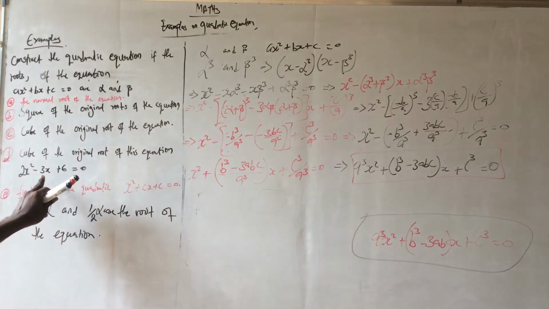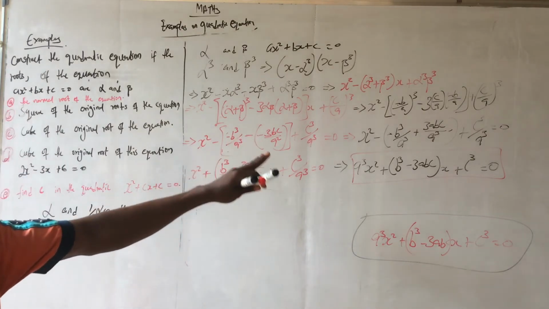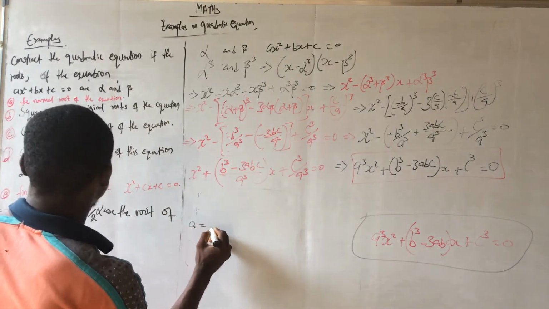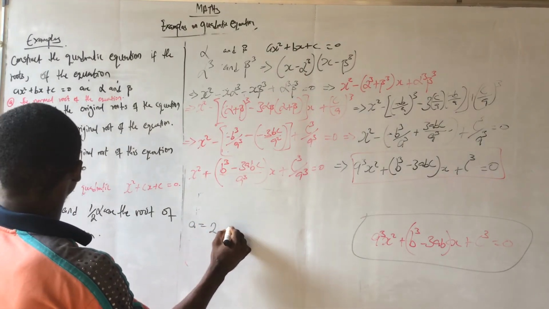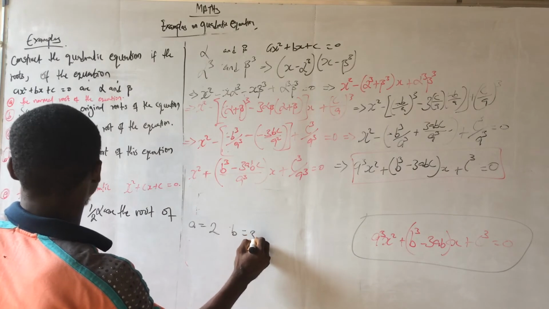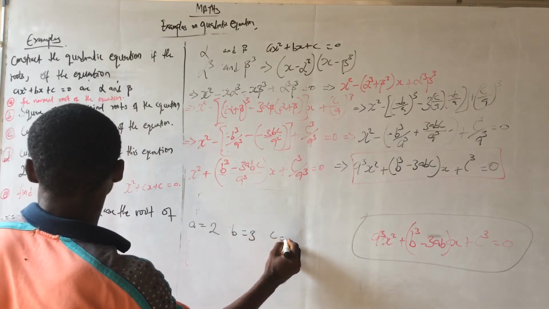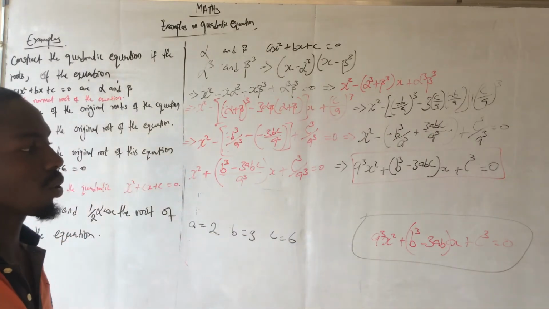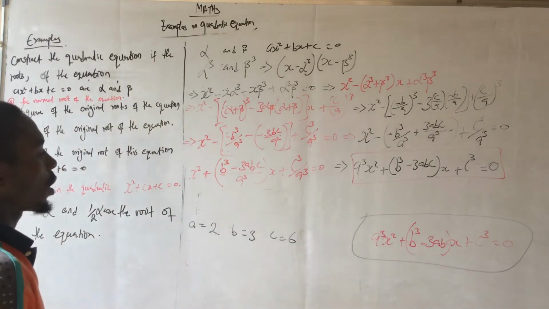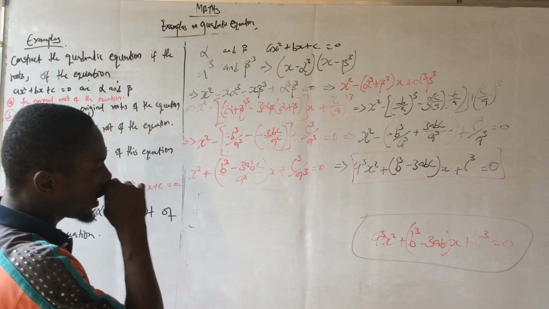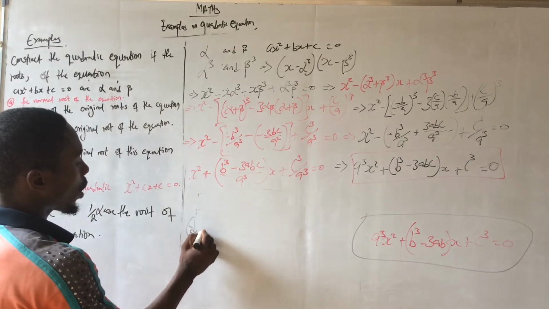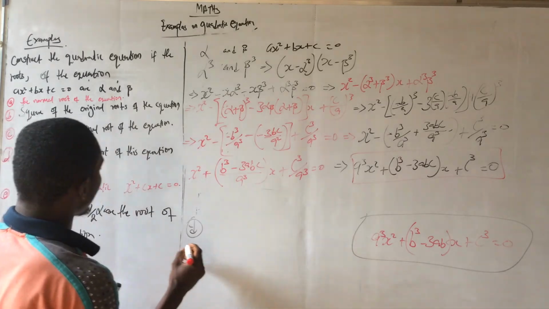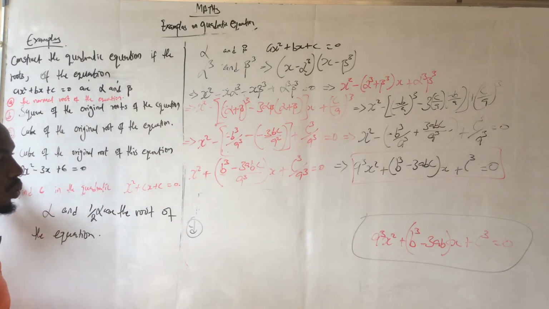So now, since I've derived this quadratic equation from the roots, and my a is 2, my b is 3, and my c is 6, I'll just put them here to know what it is going to give me. So now I am solving D. From this, my a is 2.